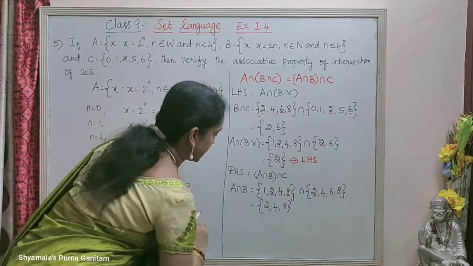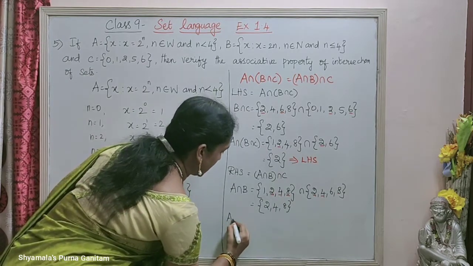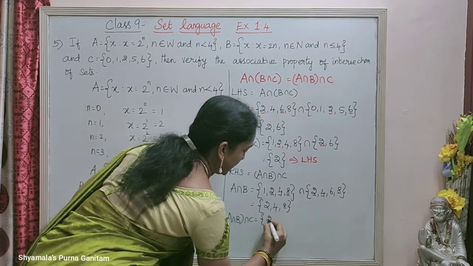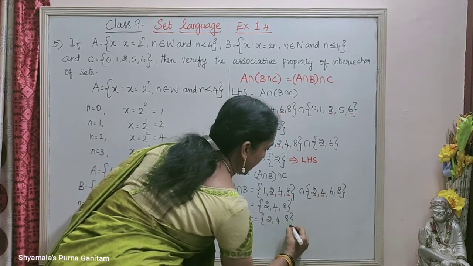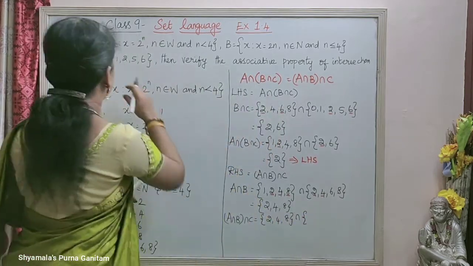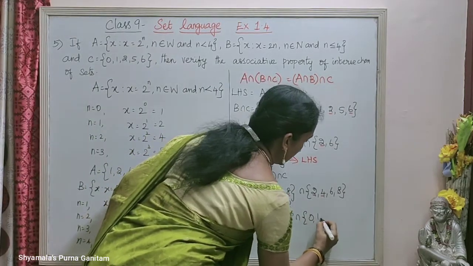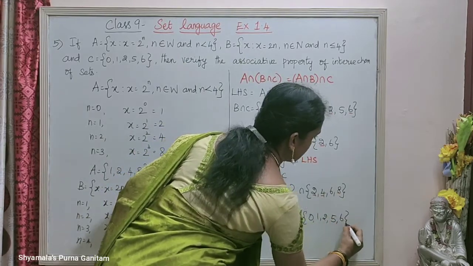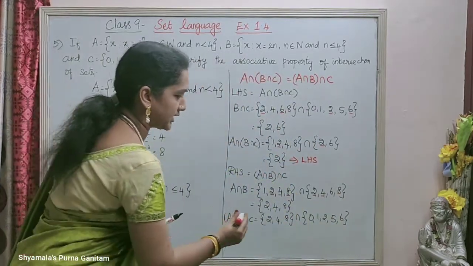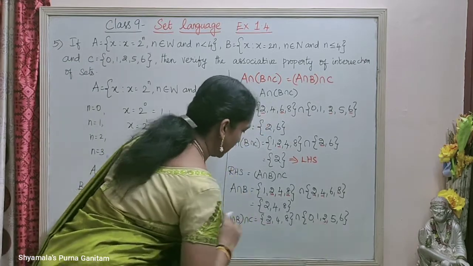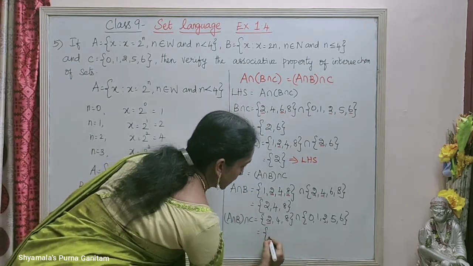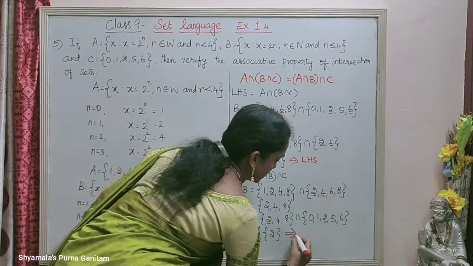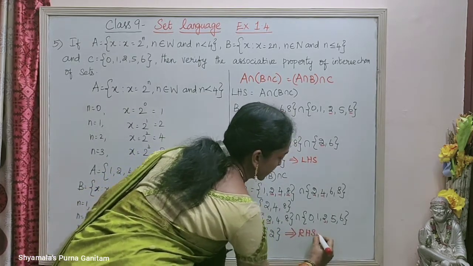Then next one is (A intersection B) intersection C. So A intersection B is {2, 4, 8}, intersection set C is {0, 1, 2, 5, 6}. So the common element between these two sets is only 2. So 2 is the value for RHS.